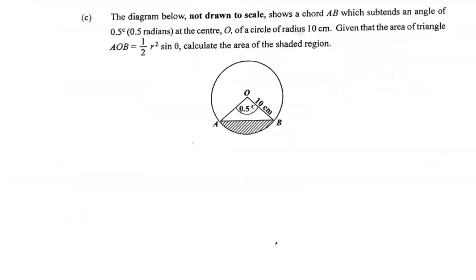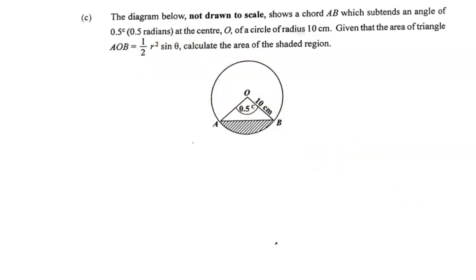The diagram, not drawn to scale, shows a chord AB, which subtends an angle of 0.5 radians at the center of the circle O. The radius is 10 centimeters, and the area of the triangle is half r squared sine theta.